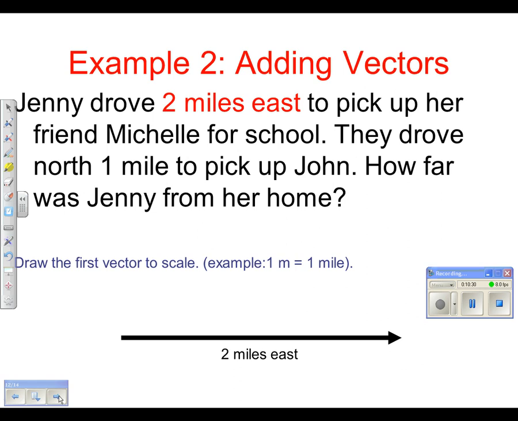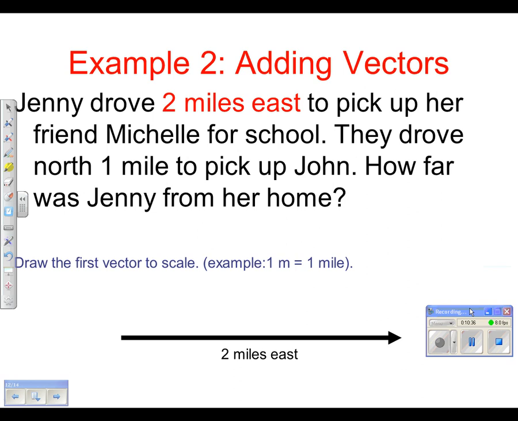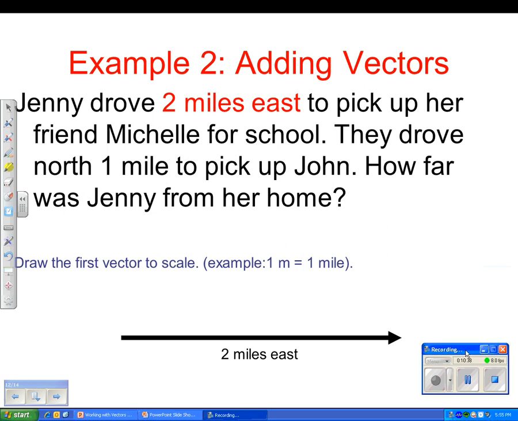And then the very last example would be one where we're going to end up building a right triangle. And so first off, Jenny's going to drive 2 miles east to pick up her friend Michelle. And then they're going to turn the corner and head north.